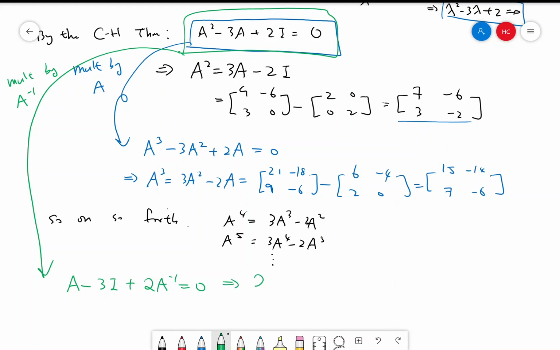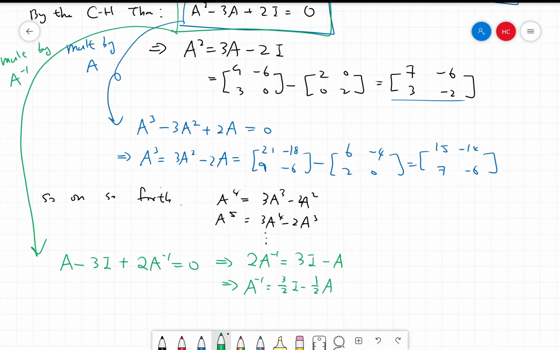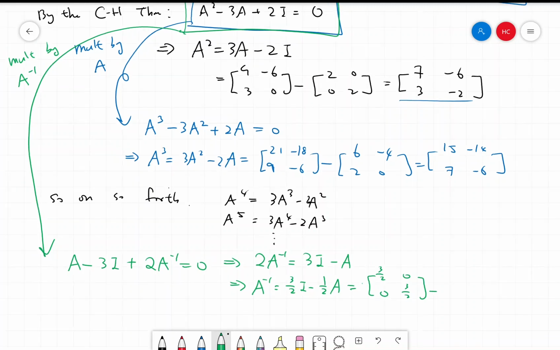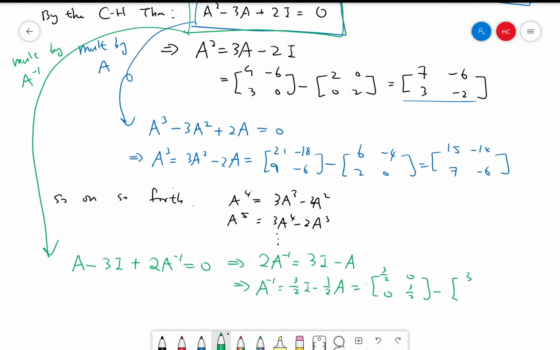This tells you that 2A inverse equals 3I minus A. So A inverse is 3/2 I minus 1/2 A. And so this is equal to 3/2 I, which is 3/2, 0, 0, 3/2, minus A, which is 3, negative 2, 1, 0, divided by 2, so 3/2, negative 1, 1/2, 0. So this is equal to 0, 1, negative 1/2, 3/2.